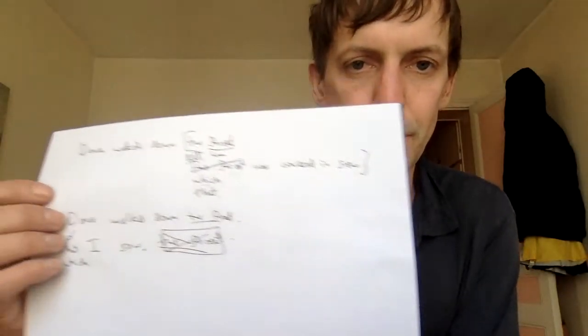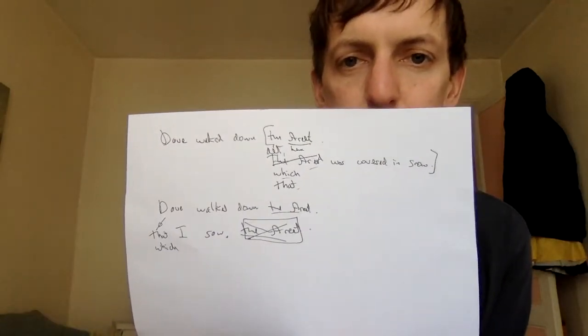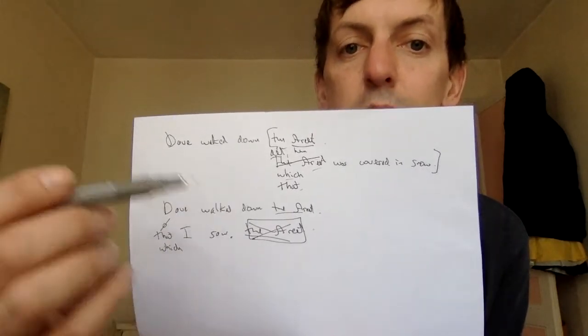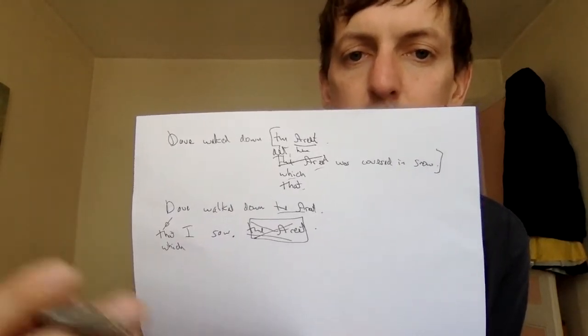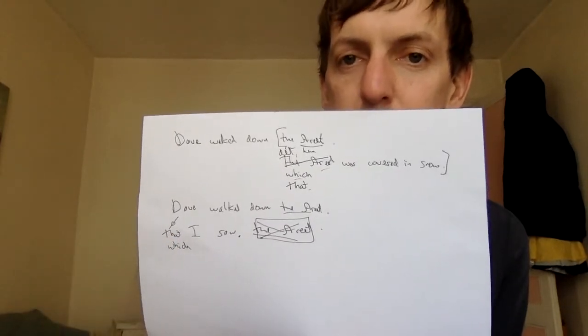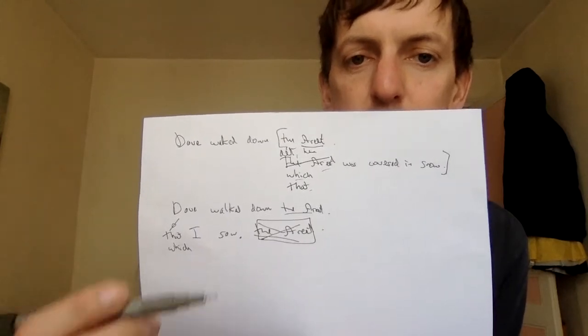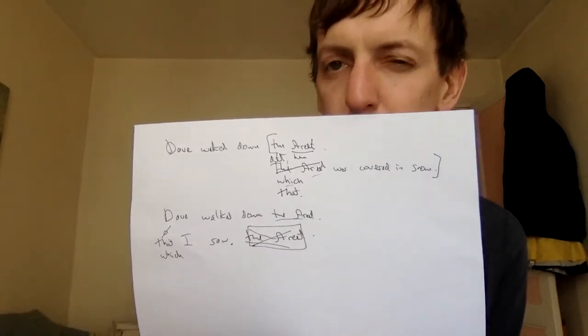And this time, notice what happens. We always begin the relative clause here. Of course, the noun phrase is the street I saw, or the street that I saw, or the street which I saw. That is a noun phrase, right? Just like the one we saw before. So that I saw, that I saw, or which I saw is going to be the post modifier.